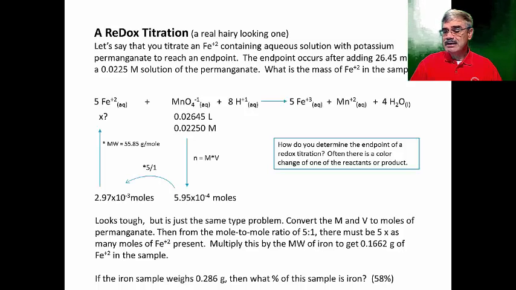So you may then be asked, what is the percentage of the sample that is actually iron? You determine that by taking the mass of the sample that is iron, 0.1662 grams, and dividing by the total mass of the sample, 0.286 grams, to determine that it was 58% iron. It may have had some other stuff in that sample.